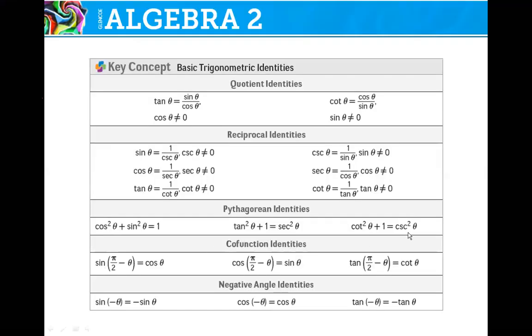We stand here. The co-function identity. Pay attention about this. Sine pi over 2 minus theta equals cosine theta.